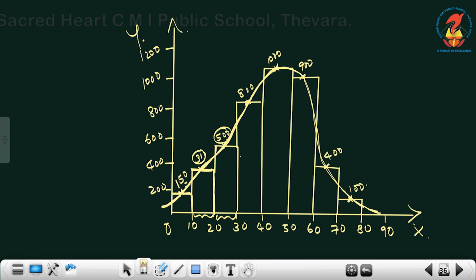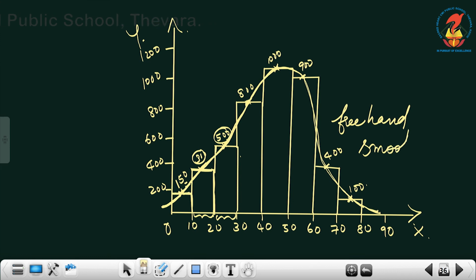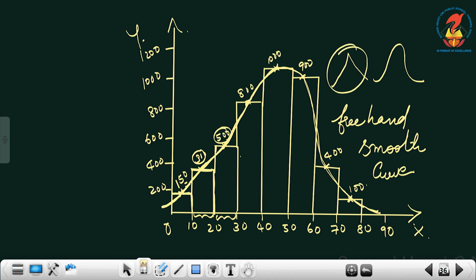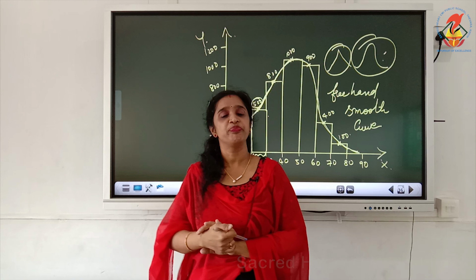So, a frequency curve is a free hand smooth curve. On the top you can find it is not pointed. If it is a frequency polygon, it will be a pointed one, but a frequency curve will not be a pointed one, it will be a free hand smooth curve. This is the only basic difference between a frequency polygon and a frequency curve.